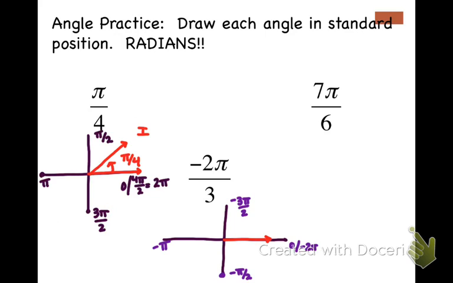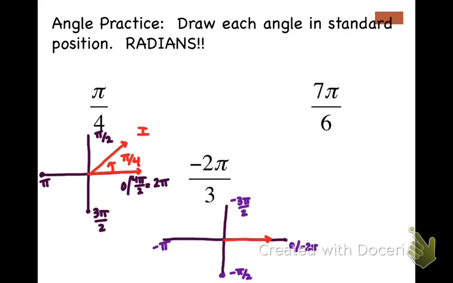And so I want to think about 2/3 as a fraction. Where does that fit? 2/3 is less than 1, so I'm not going to make it all the way to that negative pi. But is 2/3 bigger than 1/2? It is. It's just a little bit bigger, but it's bigger.